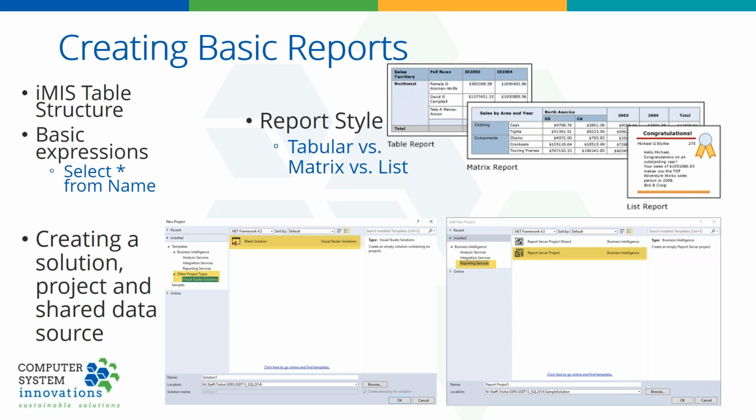As we are all aware, the primary table in iMIS is the name table. It contains all of our name, address, category, and demographic information for all of our members and contacts that we keep track of in iMIS. So all of the iMIS modules interact with and pull information from that table.